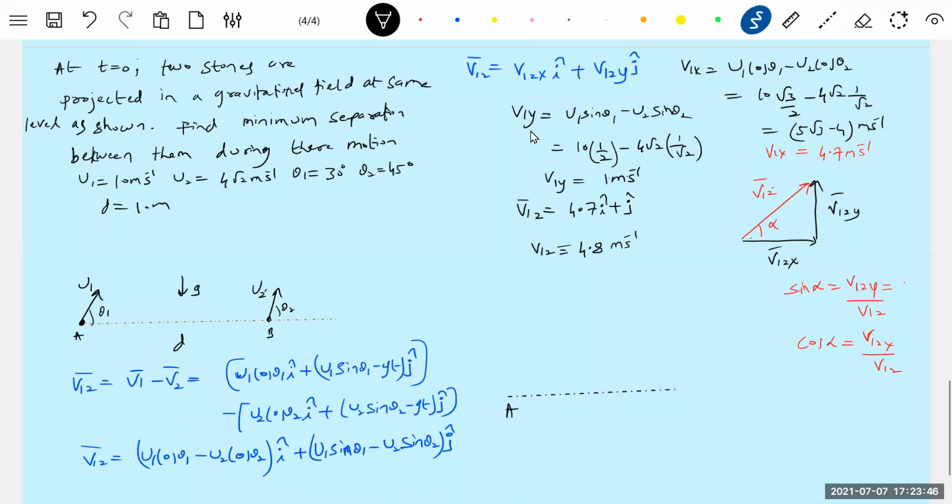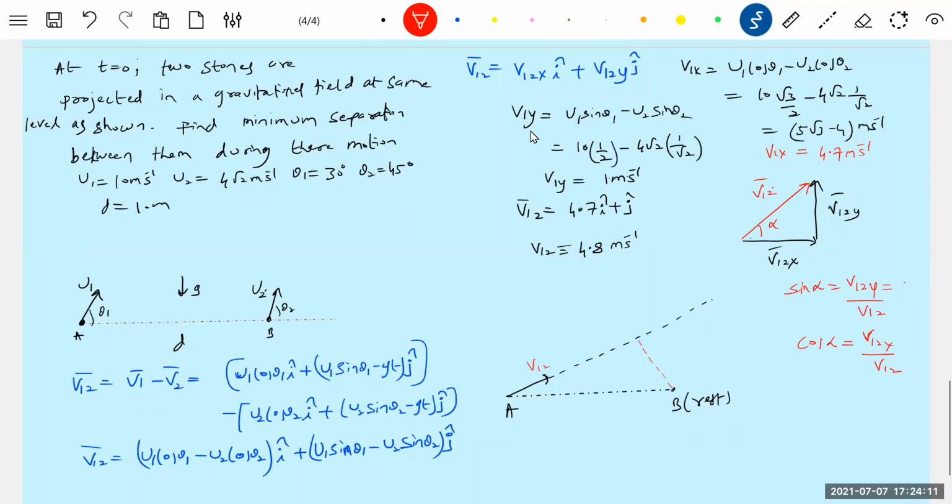This is the point A. This is the point B. Here we'll make stone B be at rest. We'll make stone 1 move with velocity V12 bar. What is the direction? i cap, j cap is there, no? Somewhere the vector will be like this, in the first quadrant.